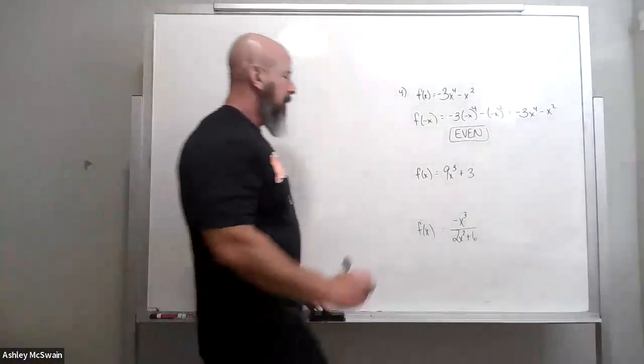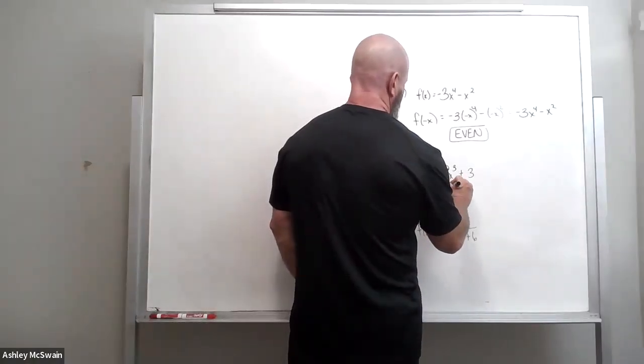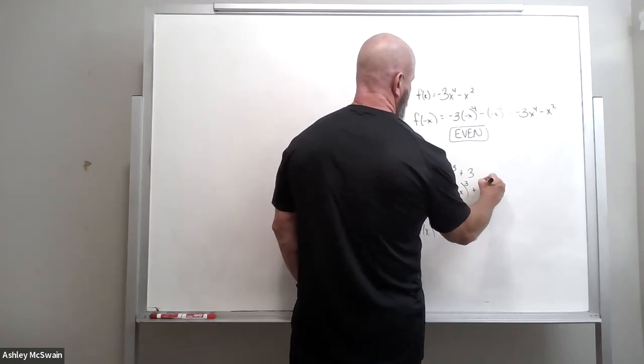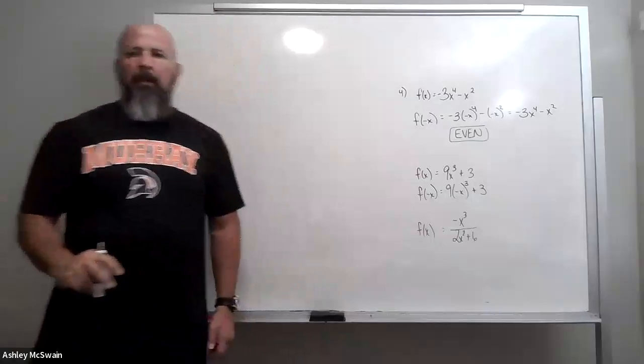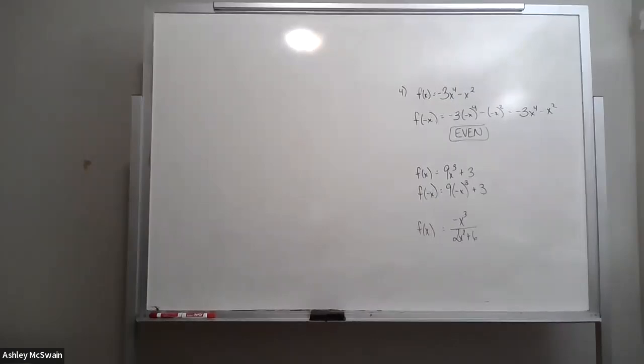Second one, f of negative x: 9 times negative x cubed plus 3. If I cube a negative, I get a negative.